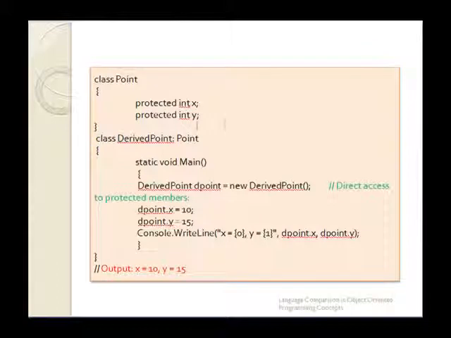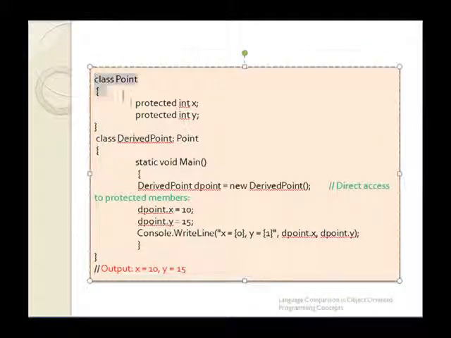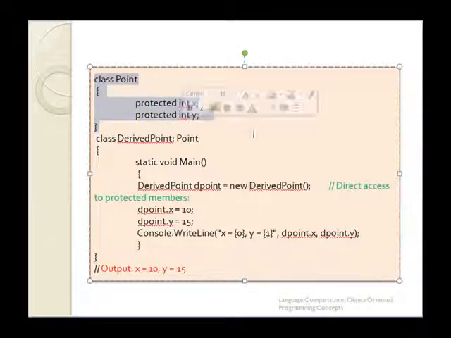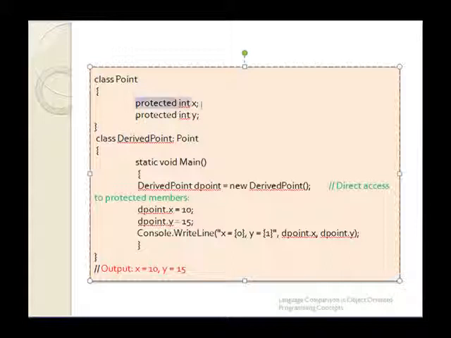Then we move to an example where the Point class contains two variables called protected int x and protected int y. Then you can see the main class here and the main method. Within the main method they created an object called derived point.